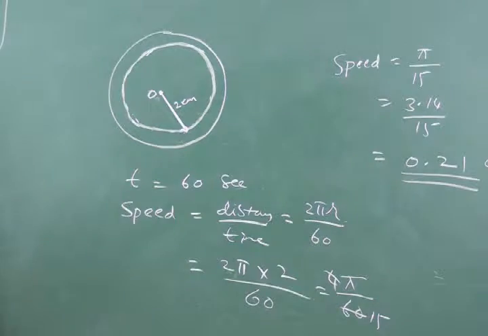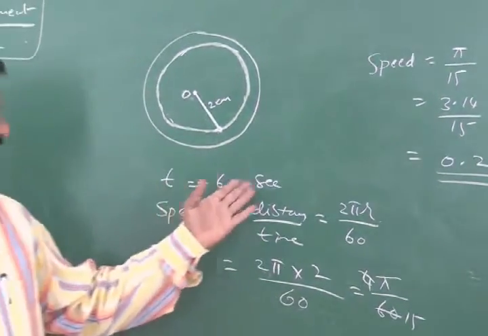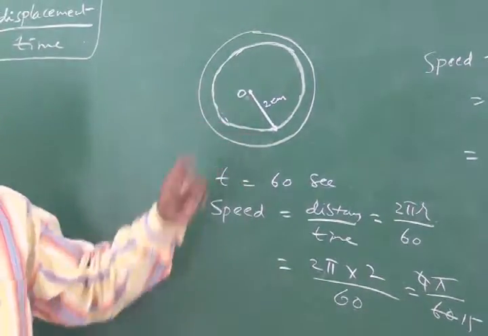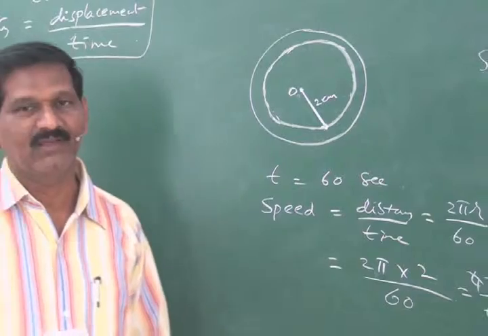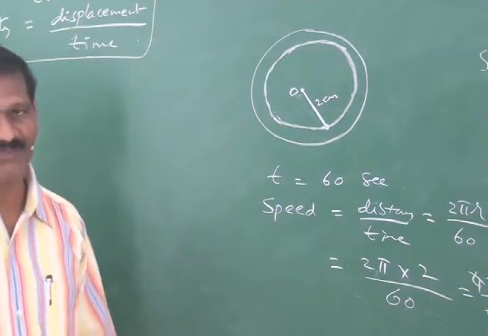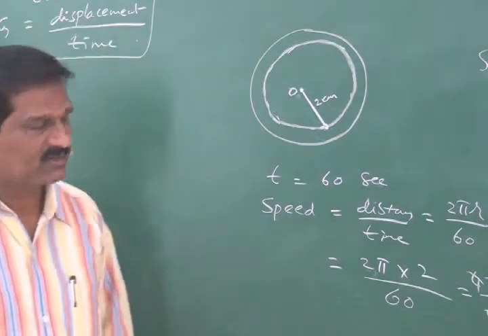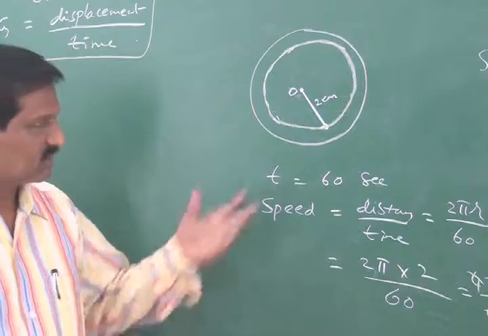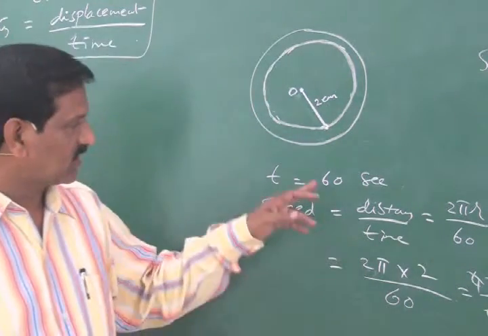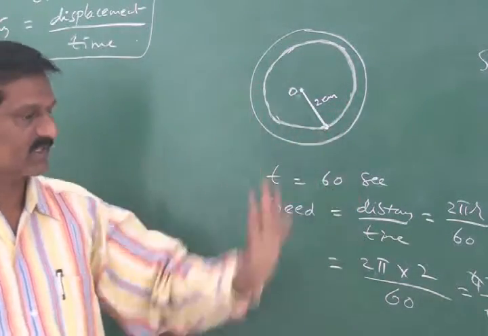So here we have to find the time taken to complete one circle, which is nothing but 60 seconds because it is a seconds hand. Similarly, if this is a minutes hand, the time taken is 60 minutes to complete one circle. Here it is given as seconds hand, so the time is 60 seconds.